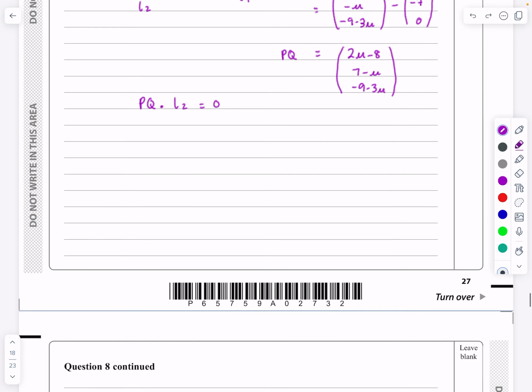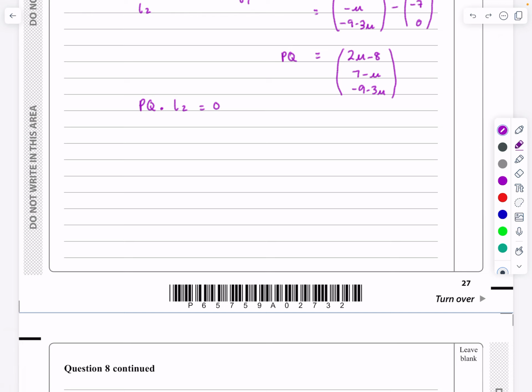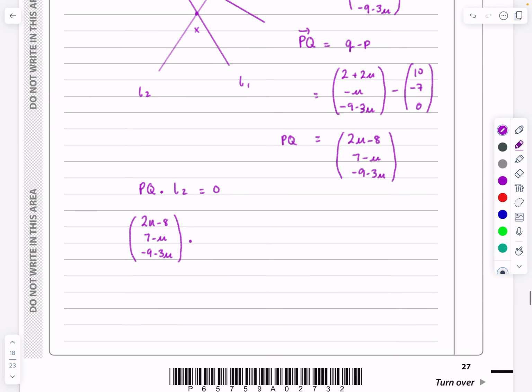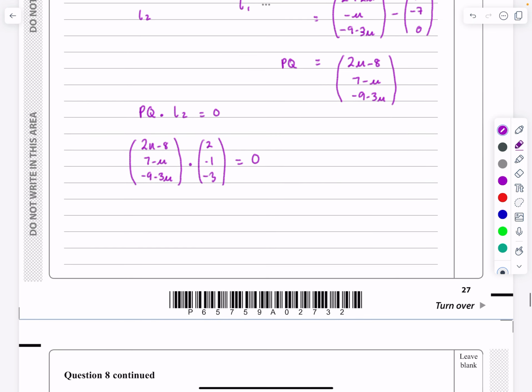So when I'm doing that dot product now, I can say (2μ - 8, 7 - μ, -9 - 3μ) dotted with (2, -1, -3), was it? Let's just go back and check. (2, -1, -3). That dotted with (2, -1, -3) should equal 0. And what that now means is that I'll be able to work out what μ is going to be from all this.